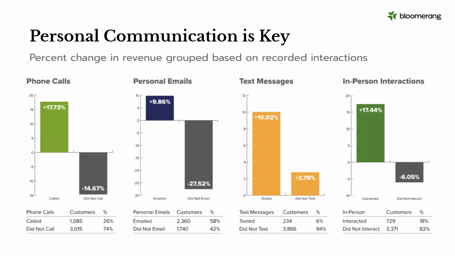In-person interactions, and we're counting virtual as in-person as well, 17.44%. So you'll see the highest yields here are your in-person interactions or phone calls, followed by text messages, followed by your personal emails. So really, it seems that the more personal the communication, the higher your yield is in terms of revenue. So personal communication, or those relationships, leads to higher revenue.